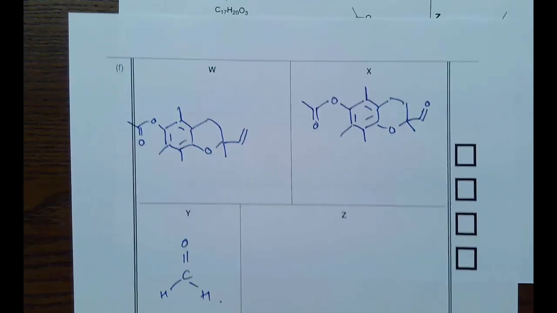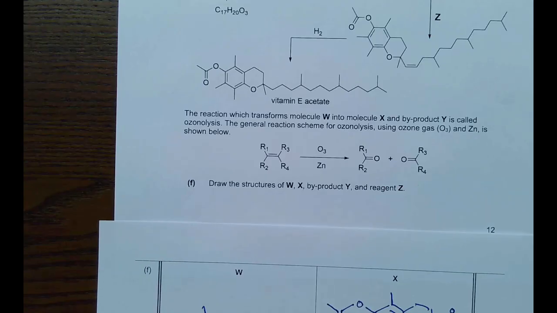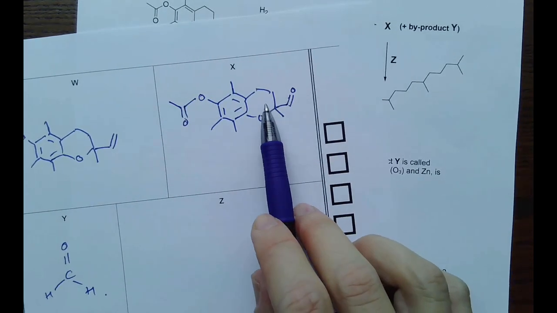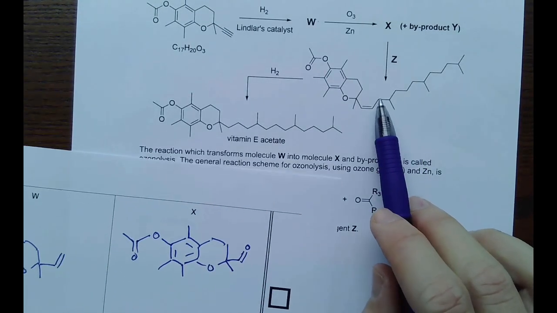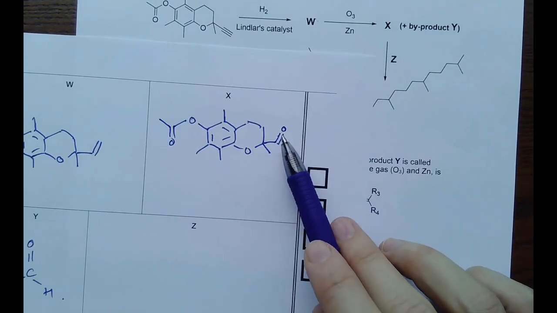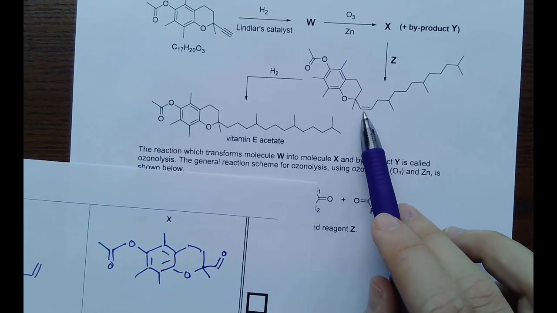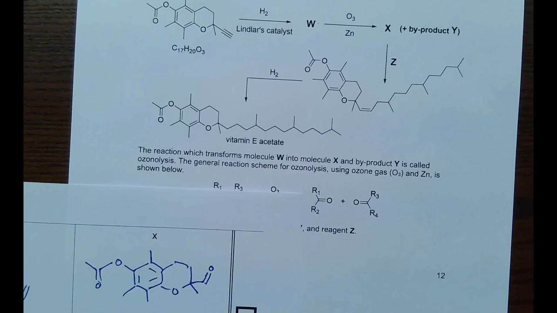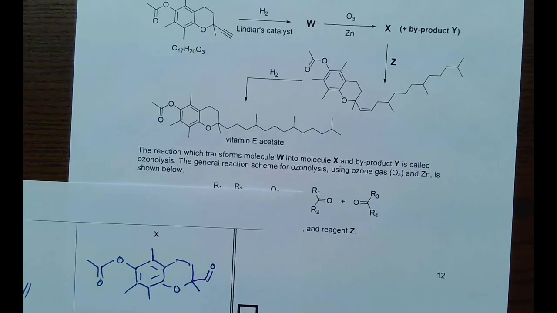You know, they've really outdone themselves, because the very last part is, what do I need to add to this to get this? And it is a carbonyl to a carbon-carbon double bond, which means that it is, you guessed it, one final Wittig reaction.